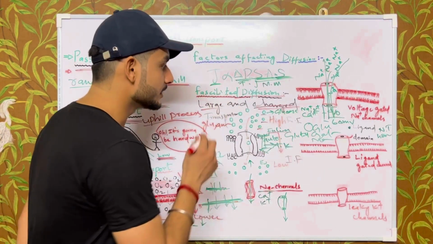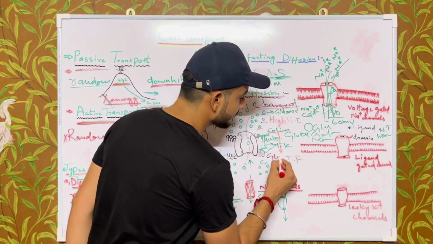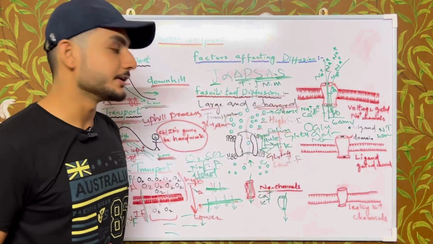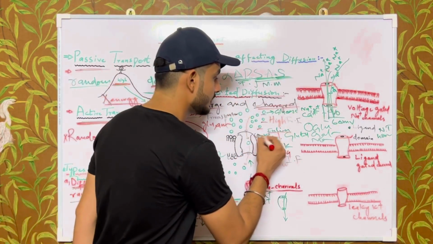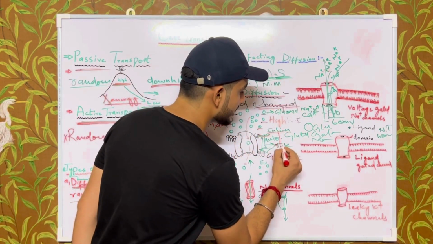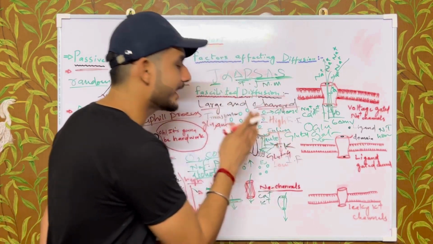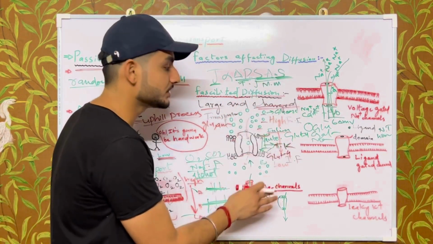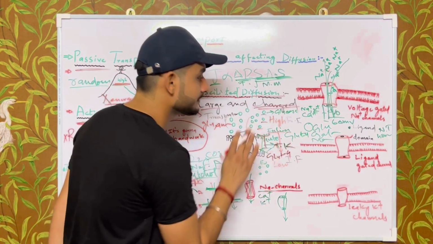When insulin binds with its receptors, which are tyrosine kinase receptors in this case, there will be autophosphorylation of tyrosine molecules in these receptors.